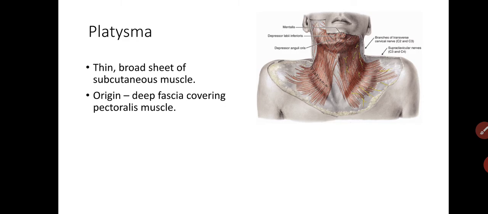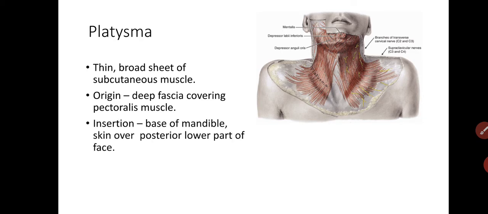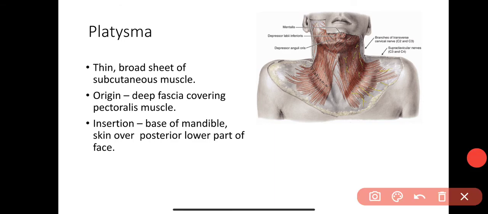The fascia covering this muscle is known as pectoral fascia. So platysma takes origin from the pectoral fascia just below the clavicle, and its insertion is into the base of the mandible and the skin over the posterior lower part of the face. In this figure, this is the origin and this is the insertion.